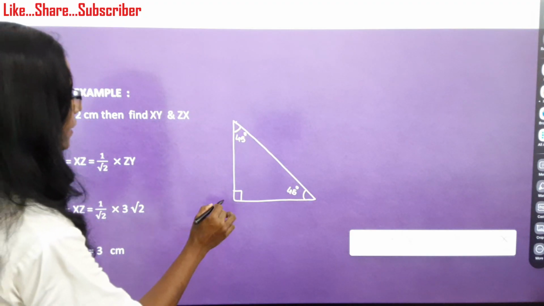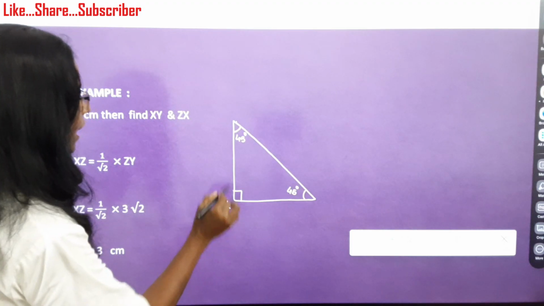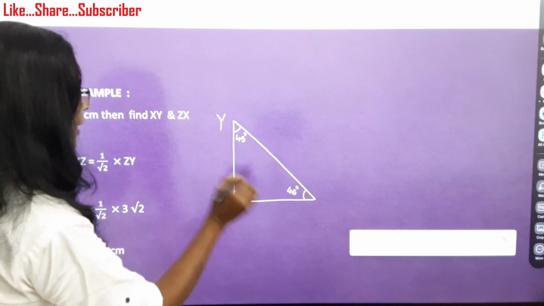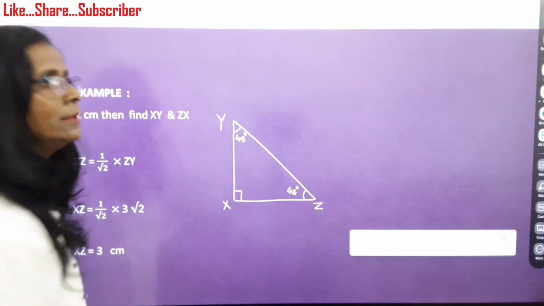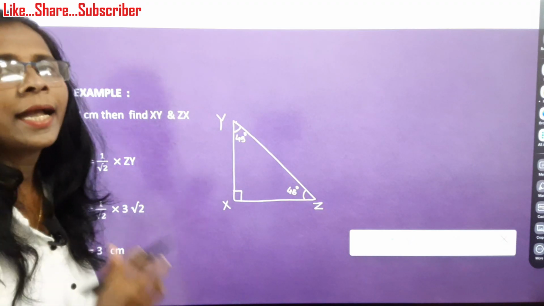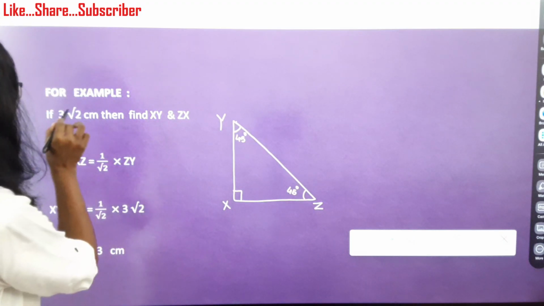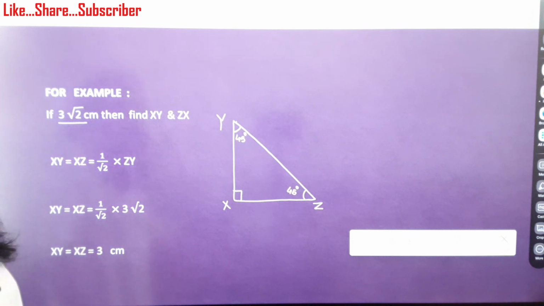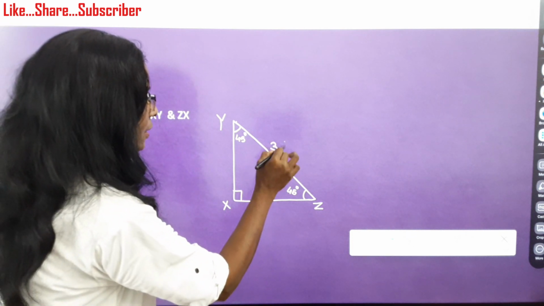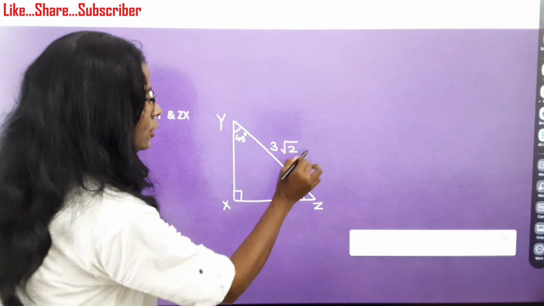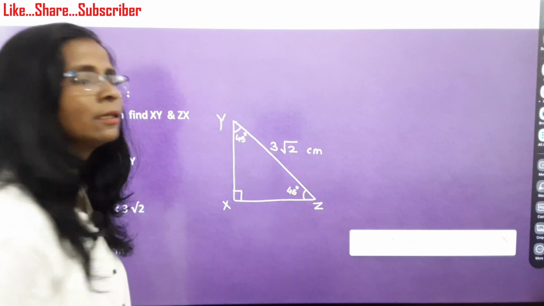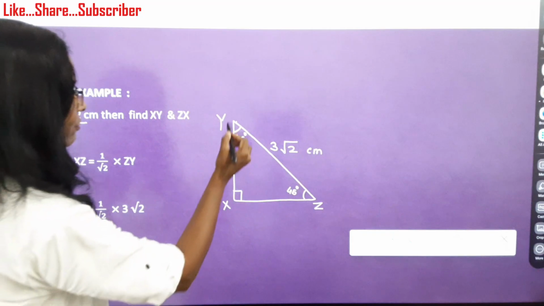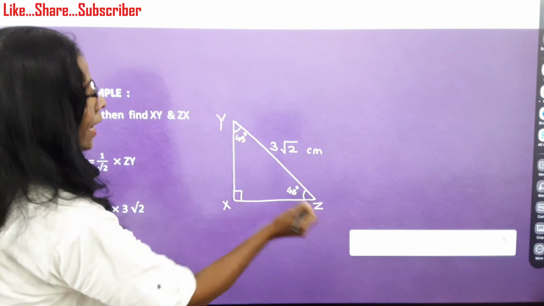We have to find the sides XY and XZ, and the given side is 3 root 2 centimeter, that means YZ is equal to 3 root 2 centimeter.